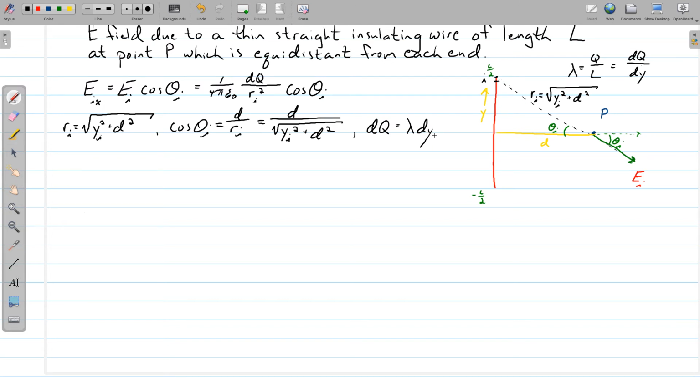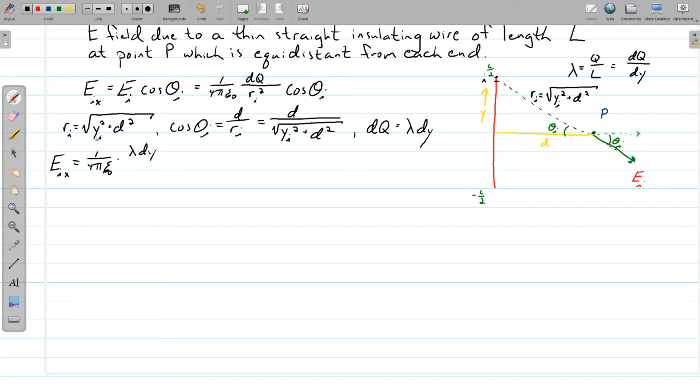So now that I have all that, I can use substitutions in here. The electric field from that tiny little piece i in the x is 1 over 4 pi epsilon naught times the tiny little charge, which is lambda dy, over r sub i squared.